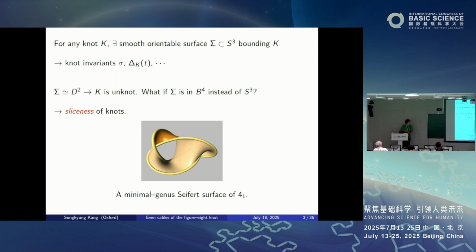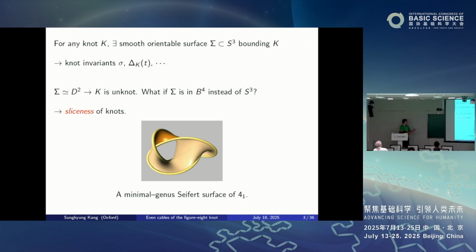But now we want to twist the question a little bit and say S3 is now the smooth boundary of the four-ball. Instead of thinking about surfaces inside the three-sphere, we now think about surfaces smoothly embedded inside the four-ball, and then you ask what kinds of surfaces there are.